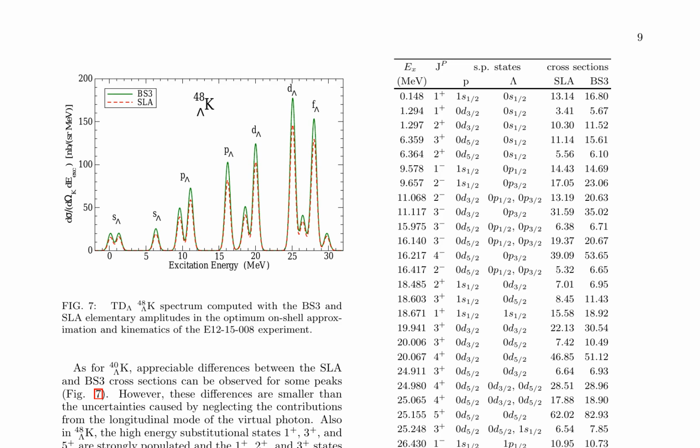The paper presents an analysis of the electroproduction of medium-mass hypernuclei, focusing on the 40 Λ K and 48 Λ K hypernuclei. The authors utilize the eikonal approximation and the distorted wave impulse approximation, DWIA, to calculate the energy spectra and electroproduction cross-sections for these hypernuclei.